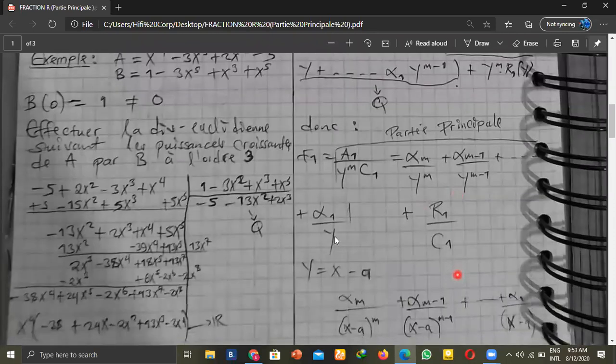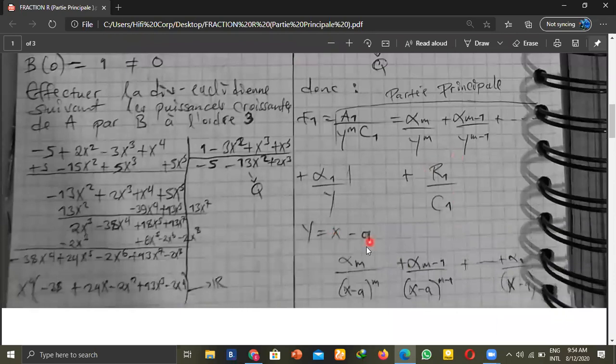And then since we said the y is equals to x minus 1 minus a, we just come and replace it now here. This will be its form. Then what you find in division, which will be your quotient, you're just going to replace them here, here, here. That's all about partie principale.